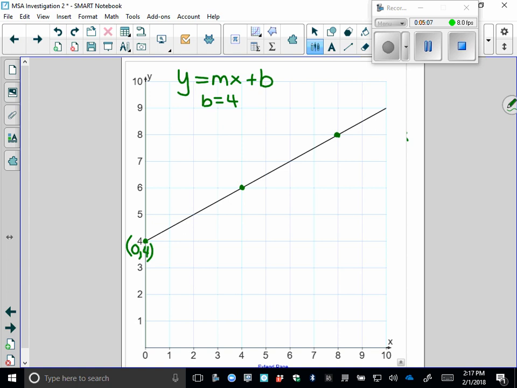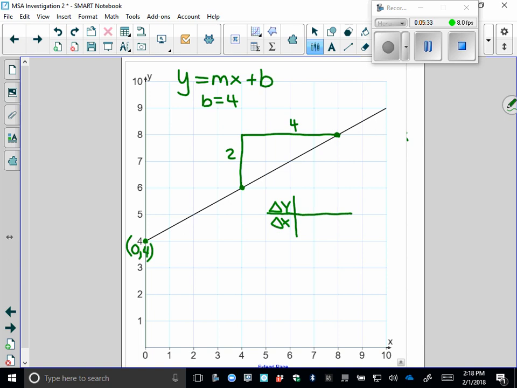And then to find the rate of change, we find 2 exact points and look at the triangle. We went up 2 over 4. Okay? So for the rate of change, we look at the change in y. Do you know that when you put a little triangle, that means the change in y? They do that in high school, over the change in x. It's like shorthand for writing a whole phrase.